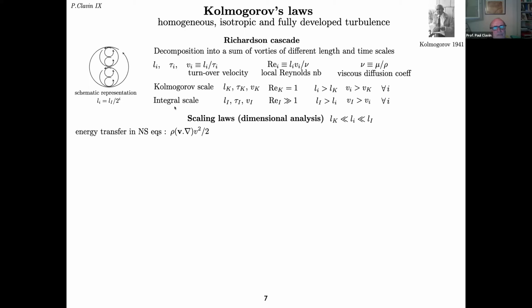It turns out that simply by dimensional analysis, you may find a scaling law between all the vortices. It's not necessarily vortices, it's a length scale, between the smallest length scale, the dissipation Kolmogorov scale, and the integral scale.